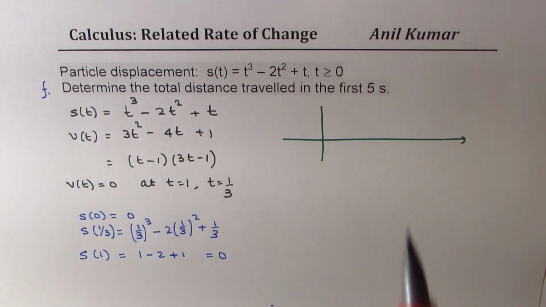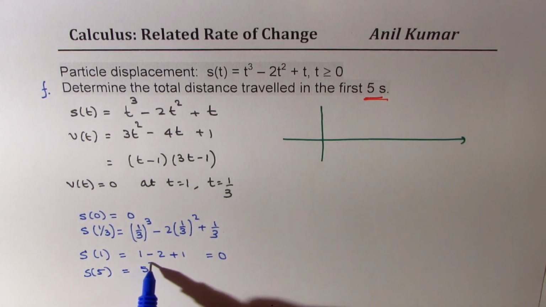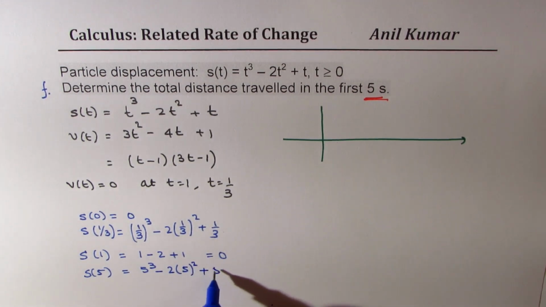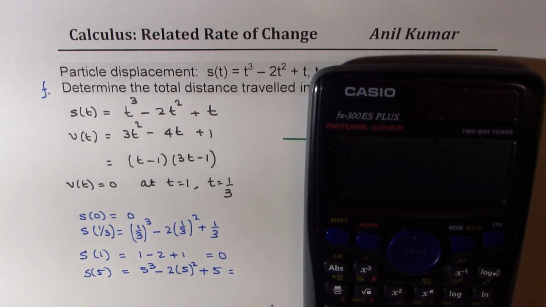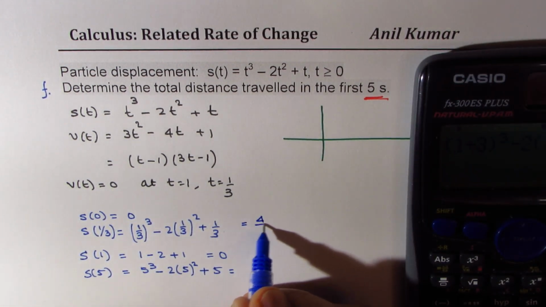Since we need up to 5 seconds, let's find s of 5. S of 5 will be 5 cubed minus 2 times 5 squared plus 5, correct? So let's use a calculator to calculate these answers. Within brackets, I'm putting 1 divided by 3 cubed minus 2 times, within brackets, 1 divided by 3 squared plus 1 divided by 3, which gives you 4 over 27.